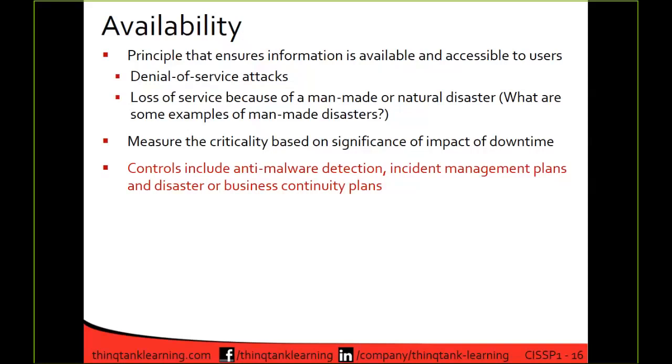We measure the criticality based on the significance of impact of downtime. We're going to talk about these concepts a little bit later: MTTR, MTTF, RTO, and so on, recovery time objective, mean time between failure, and mean time to recovery, etc. But we measure criticality based on the significance of impact.